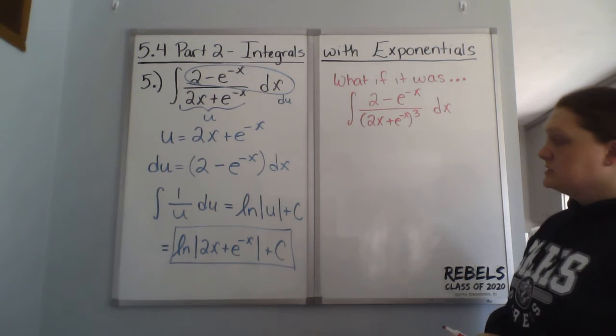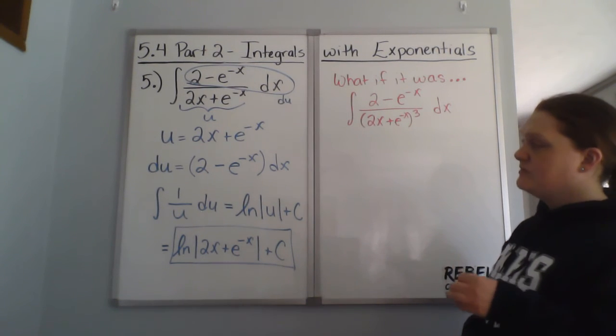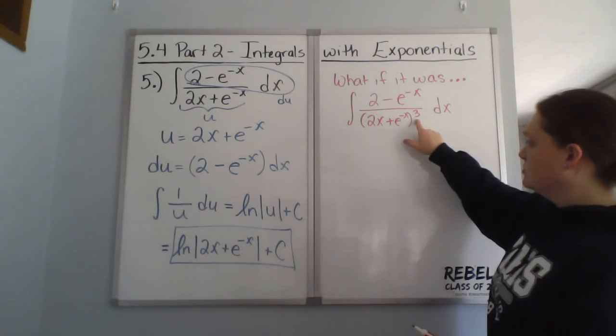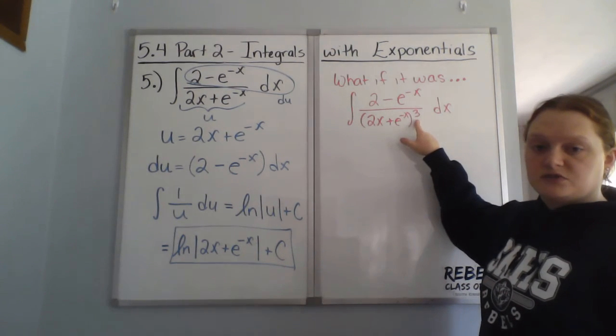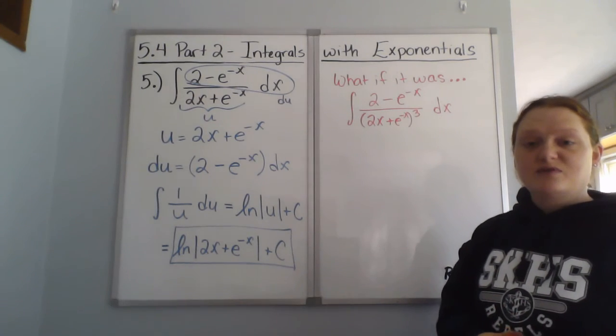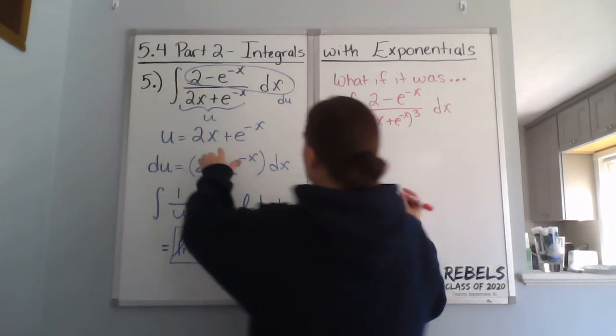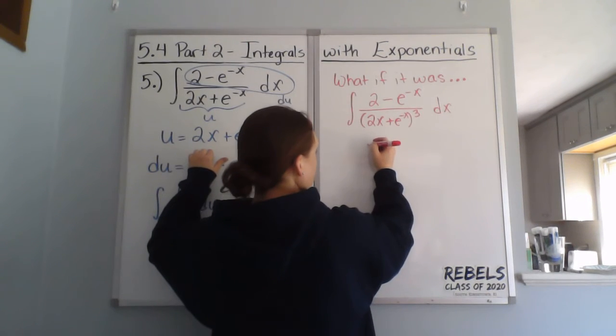Well, we'll still choose the same thing for u, and now it's even more clear that it should be our u because it's inside of parentheses cubed. Remember, when we first started doing u substitution, u was always whatever the inside function was, which thing is inside of something else. So this will still have the same u and the same du.